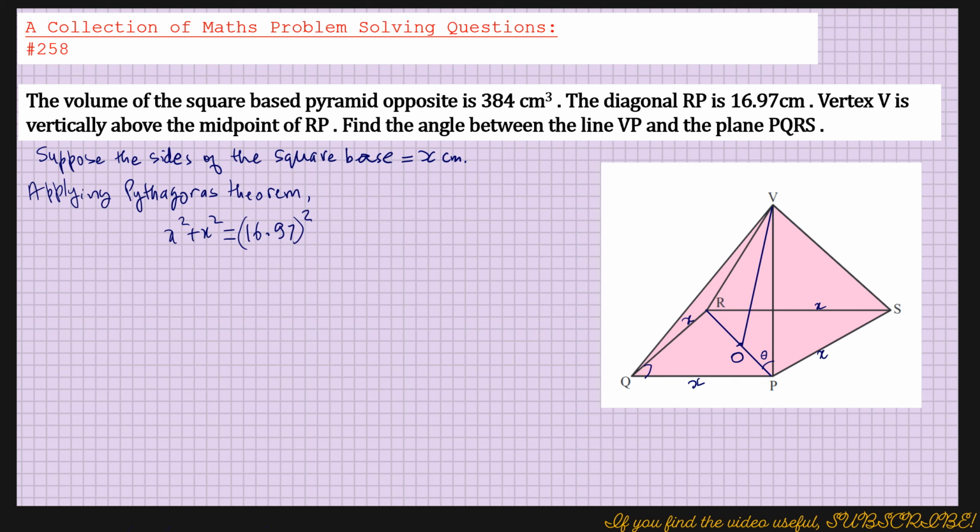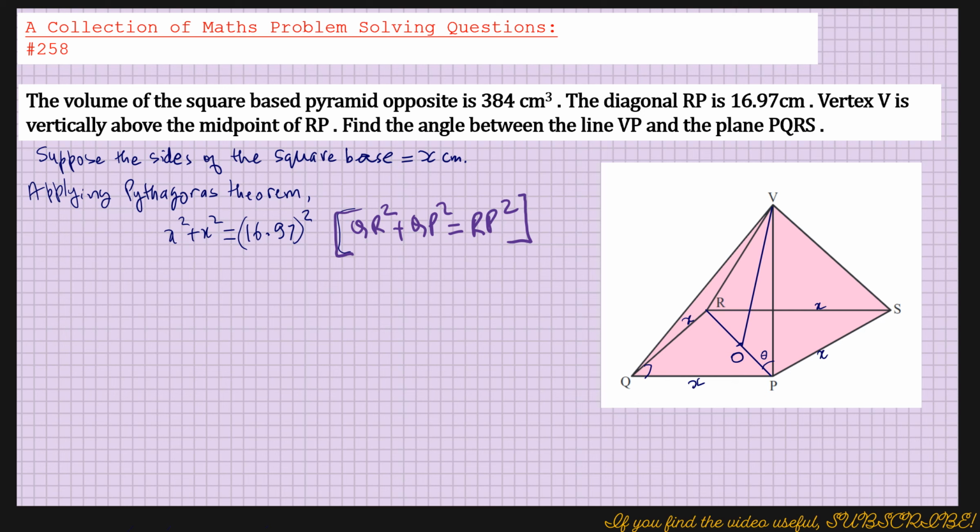Applying Pythagoras' theorem, we can do x square plus x square equals 16.97 square, because QR square plus QP square equals RP square.